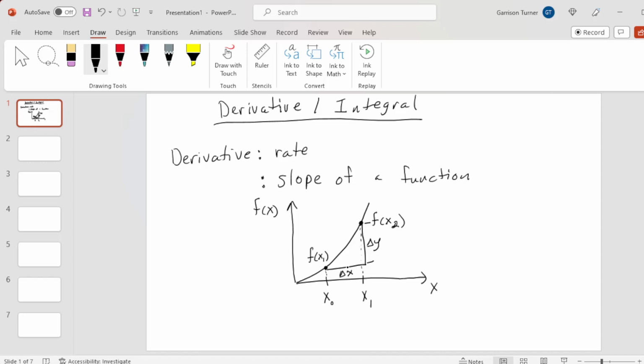Whatever the change along the vertical axis is between my 2 points, divided by the change in the horizontal distance, gives me an estimate of the slope between these 2 points, right?